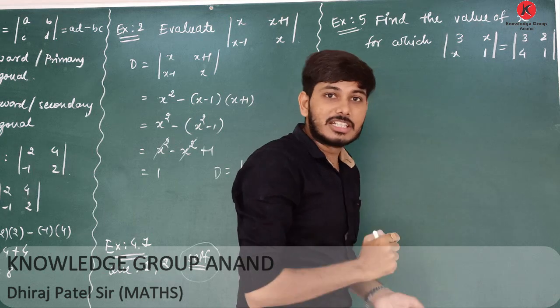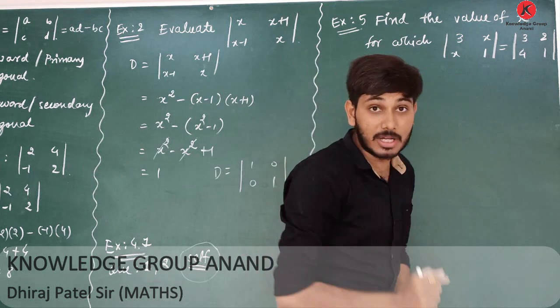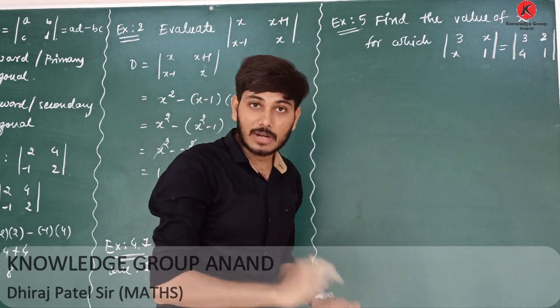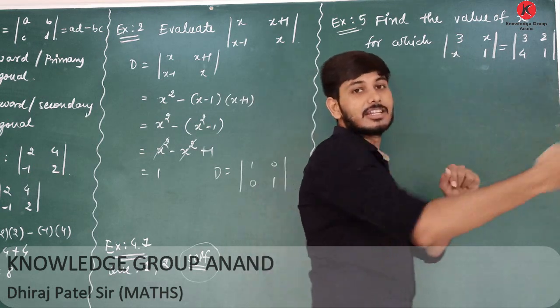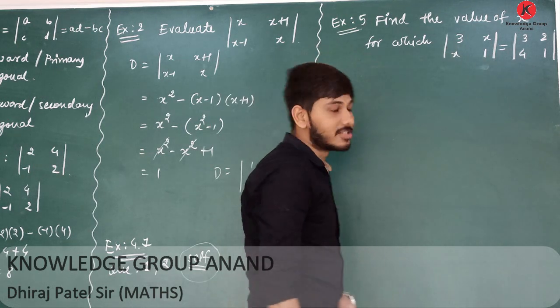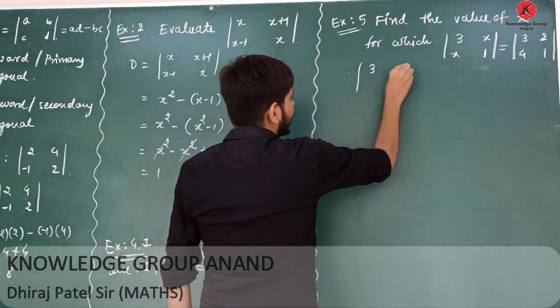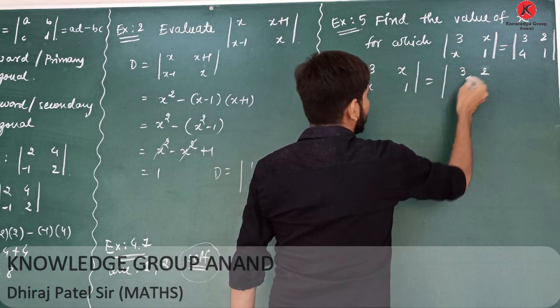But for the determinant, this determinant represents a single number, as well as this determinant also represents a single number. Therefore we have to calculate that number first, then compare these two determinants.